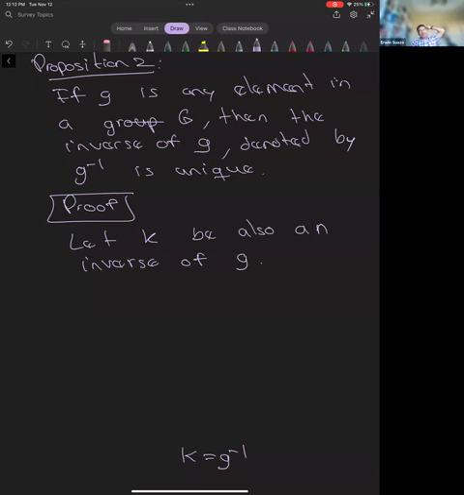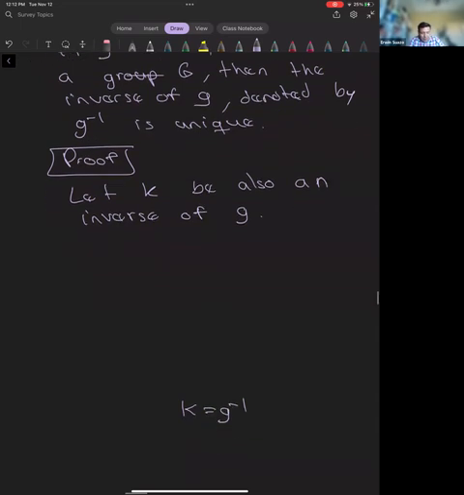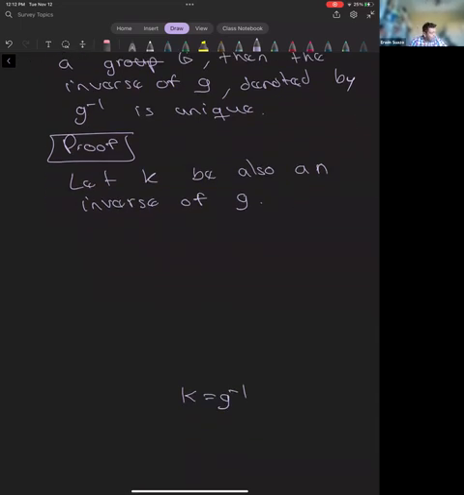They don't necessarily have to be the same, because in the definition of groups it doesn't say that the inverse has to be unique. So you assume there is another inverse for G, and then look at this.